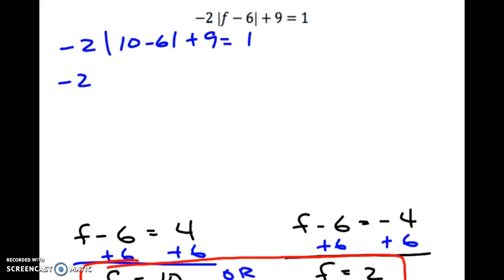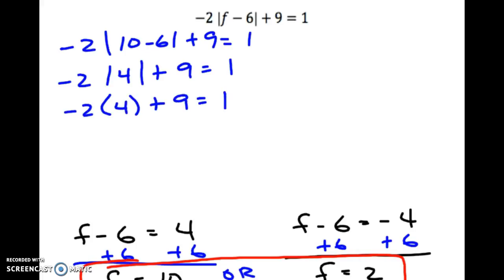Do the inside part of the absolute value. So we're doing the absolute value of 4. Now the absolute value of 4 is 4. -2 times 4 is -8. And -8 plus 9 is 1. That works out.